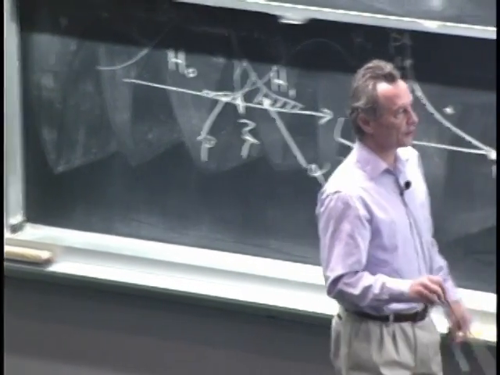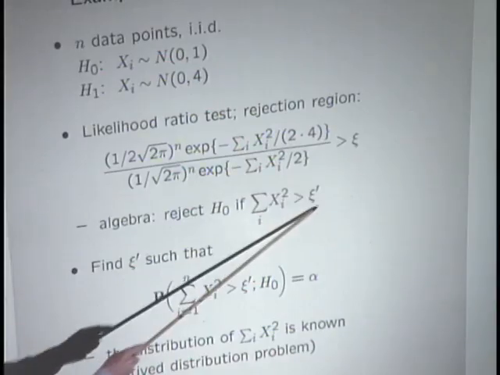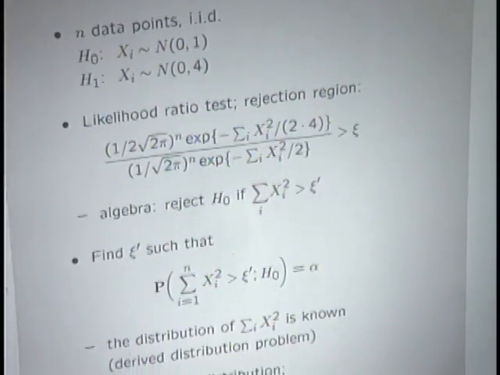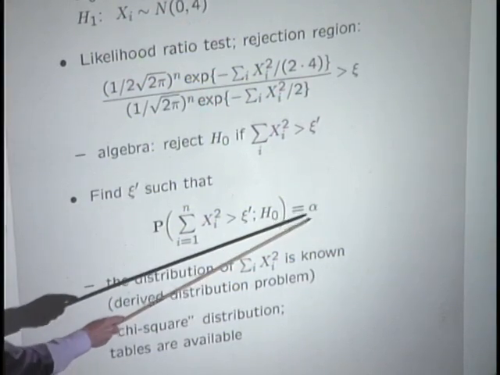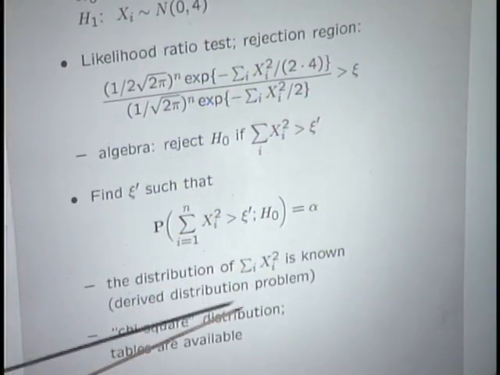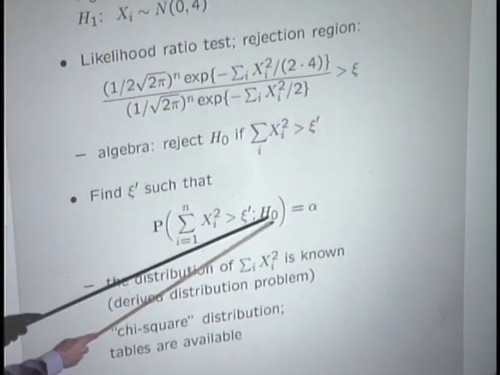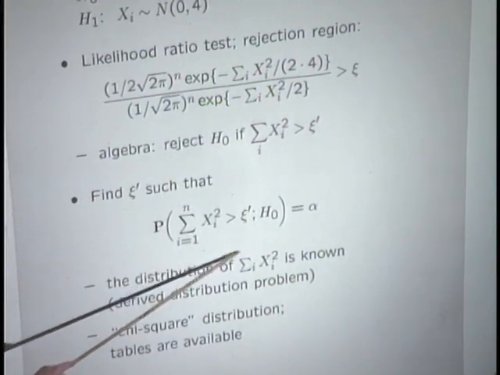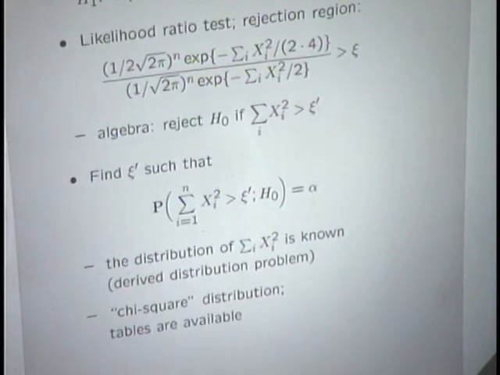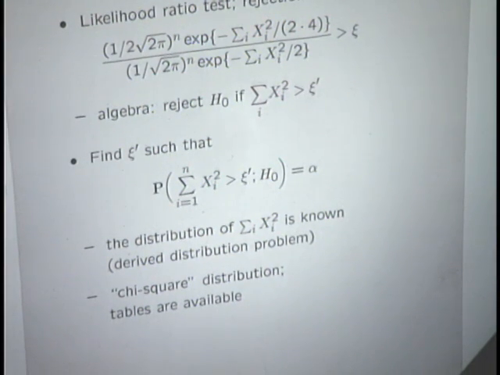And the only thing that's left, once more, is to pick this threshold in order to have the property that the probability of a false rejection is equal to, say, 5%. So that's the probability that H0 is true, but the sum of the squares accidentally happens to be bigger than my threshold, in which case I end up deciding H1.